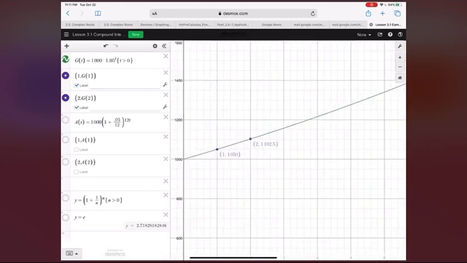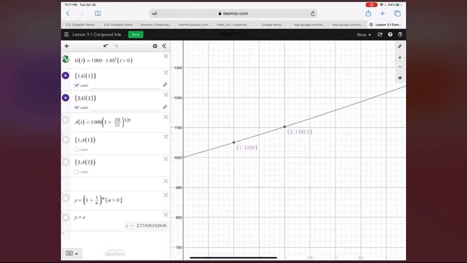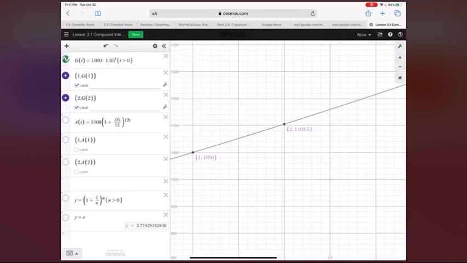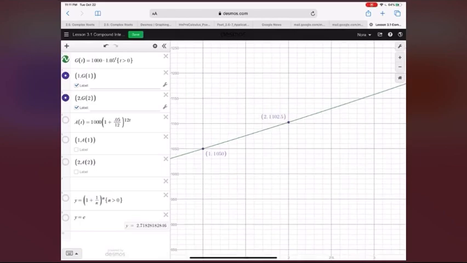When I graph the function g, I see that after a year, Grace has $1,050, and after 2 years, Grace has $1,102.50.